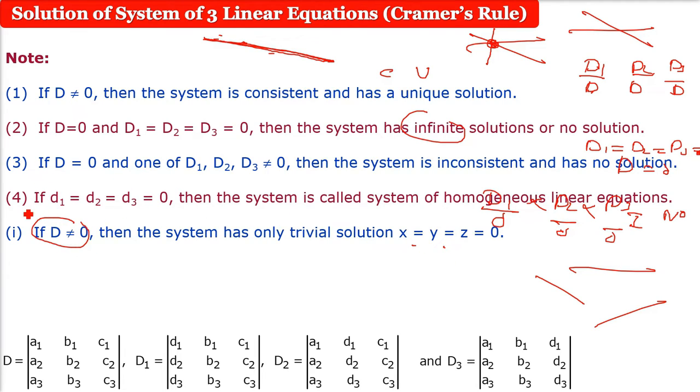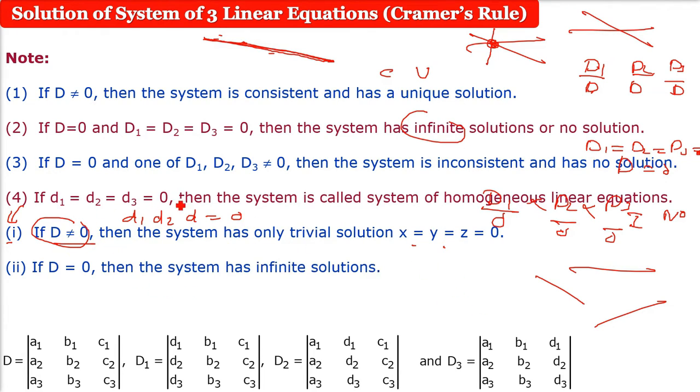Because D is not equal to 0, but D1, D2, D3 are 0. But if D1, D2, D3 equal 0 and D is equal to 0, we have already seen in the second point, it will have infinite solutions, because all the three lines are the same.